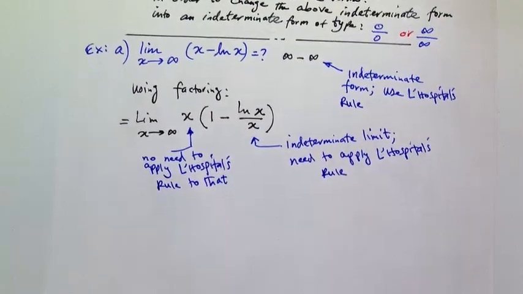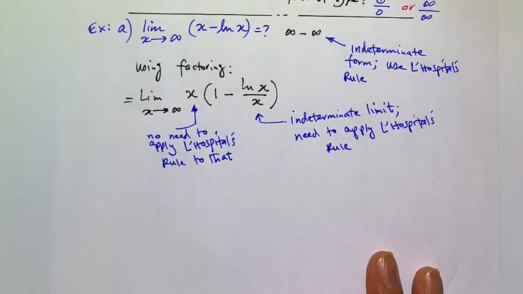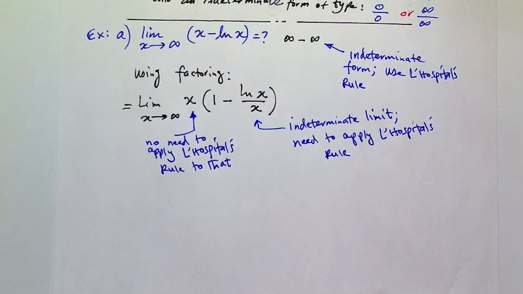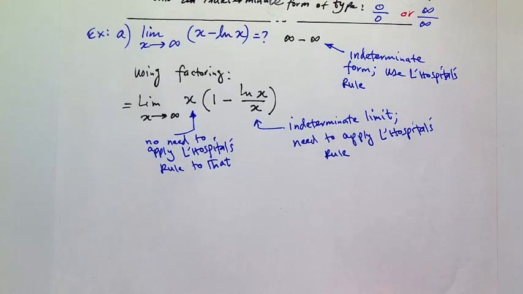Okay. So you can see how L'Hopital's rule looks at the original expression in fragmented form. It breaks it up, or converts it into a fraction. Then it looks at different pieces of it. It looks for indeterminate pieces of it. And then it applies the technique to that piece only, not necessarily to the whole expression.